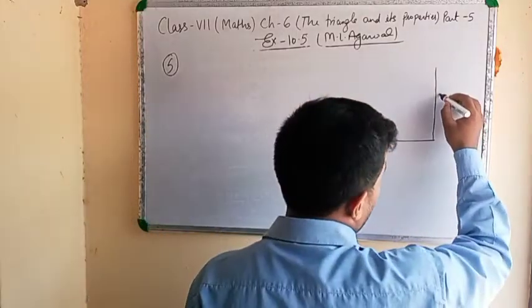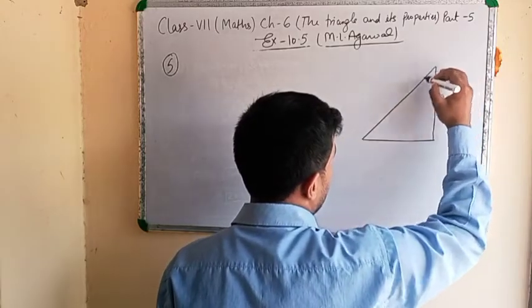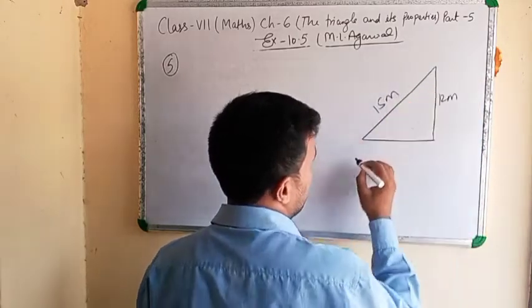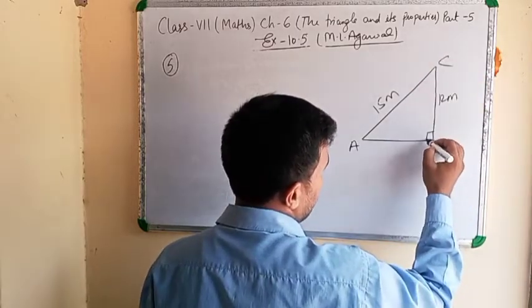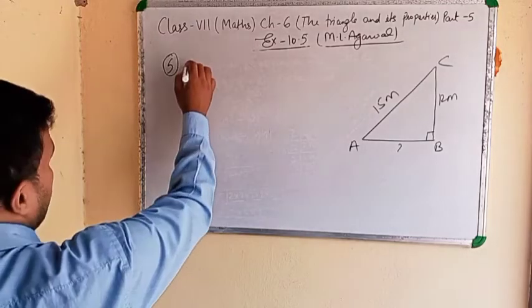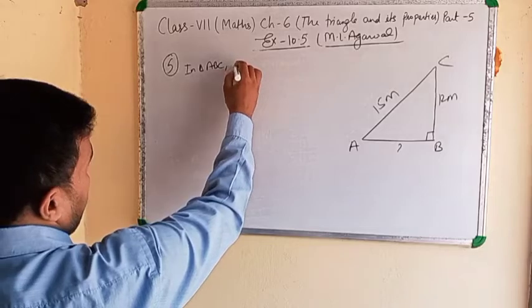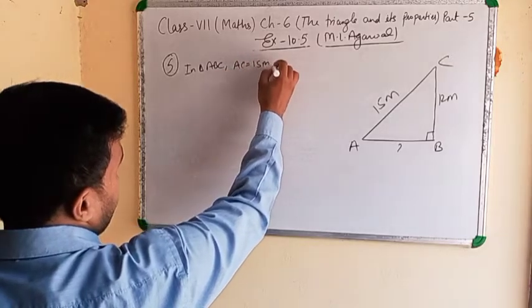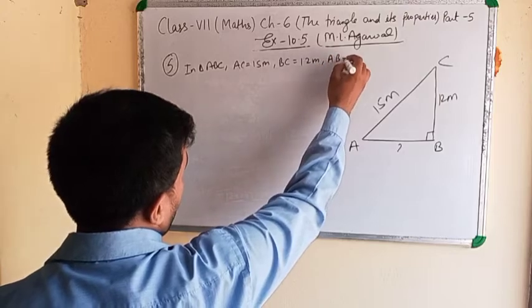Then it is 12 meters high and the ladder length is given as 15 meters. A, B, C. This one is asking for the value. Clear? In triangle ABC, AC equals 15, BC equals 12, AB equals unknown.